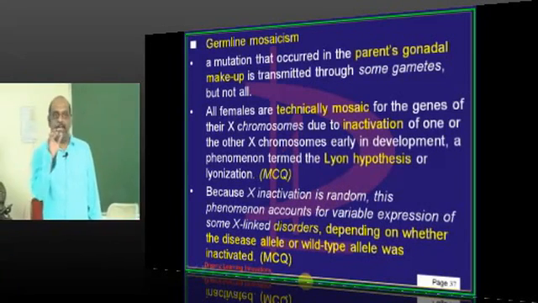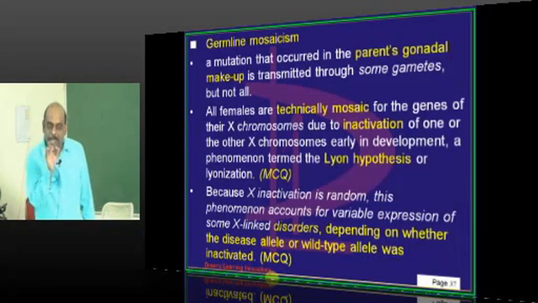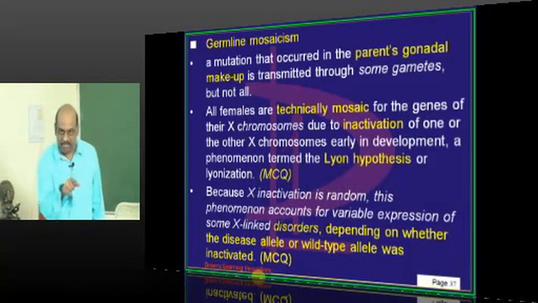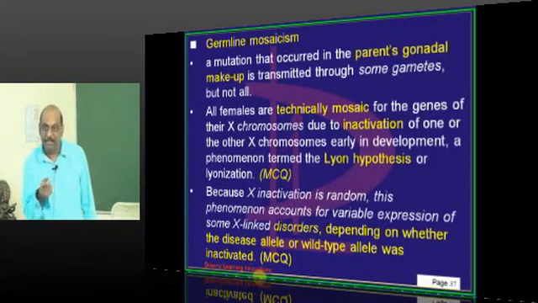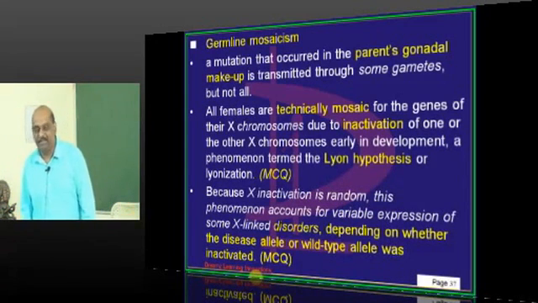Even if there is an X-linked dominant abnormal gene on one of the X chromosomes, because of this lyonization, if that particular abnormal gene is a part of the inactivated X chromosome, then the disease doesn't occur.